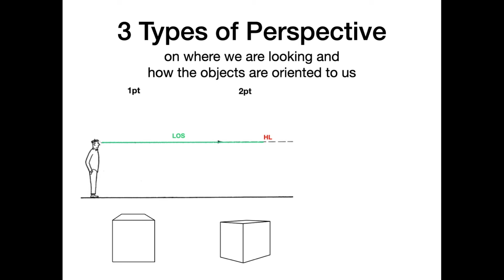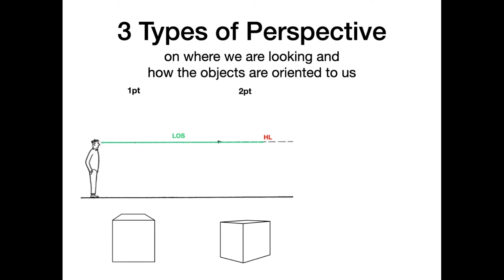So, if all else fails, the first question you ask yourself is, am I looking up or down or straight ahead? If you are looking straight ahead, then your drawing will always be in 1 or 2 point perspective. The difference between 1 and 2 point perspective has to do with how the object is oriented to you.